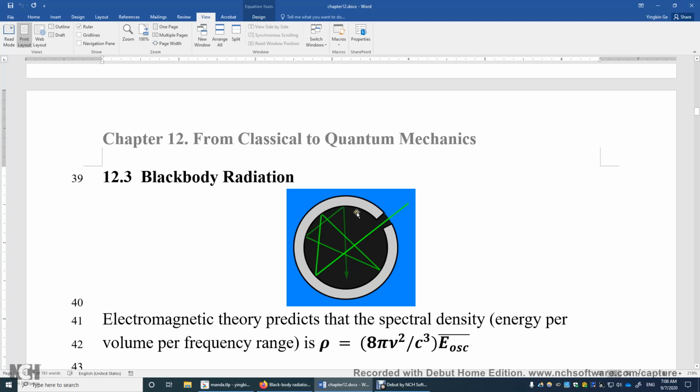If we wait long enough at a given temperature, let's say 6,000 Kelvin, the thermal energy of the atoms on the surface and the photon energy inside the cavity will eventually reach a thermal equilibrium at that temperature. The energy distribution will be the so-called Boltzmann Distribution.